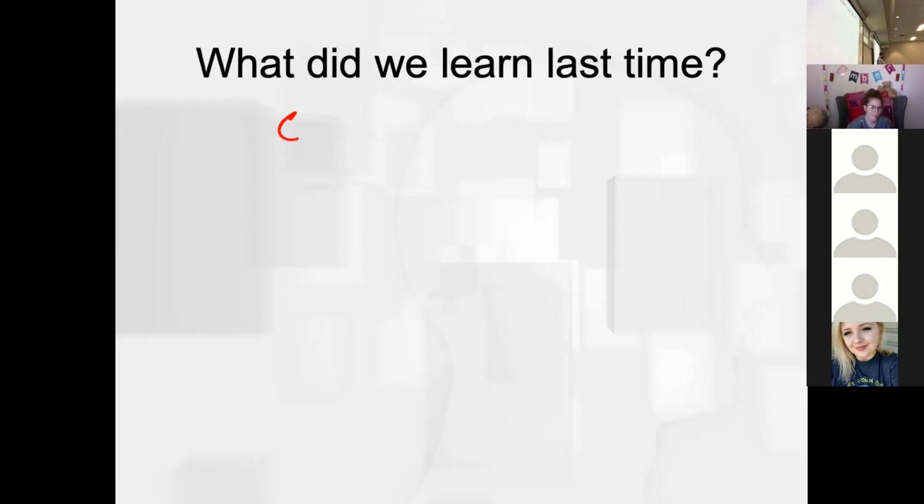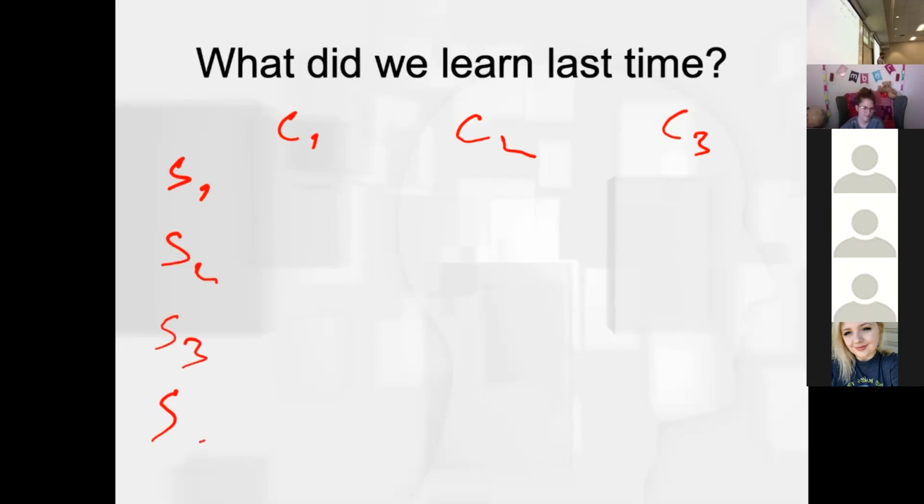So let's say we have condition 1, condition 2, and condition 3, and then we have subject 1, subject 2, subject 3, subject 4, and each participant has data for each of these. Move that over.